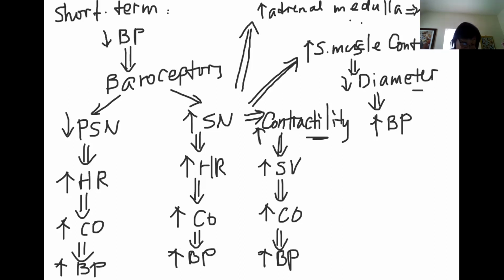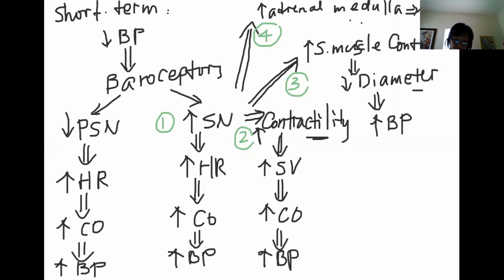Let's number this. This is sympathetic arm 1, arm 2, arm 3, arm 4. So increased sympathetic stimulation, you can have 4 different effects. Number 4, this increased sympathetic innervation can stimulate adrenal medulla to release more norepinephrine.